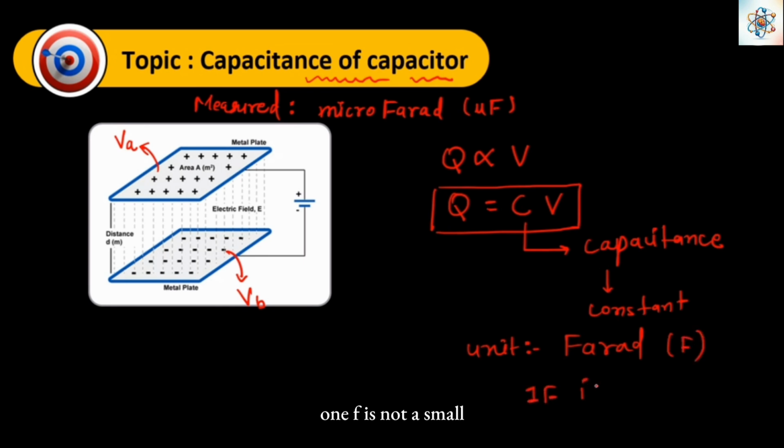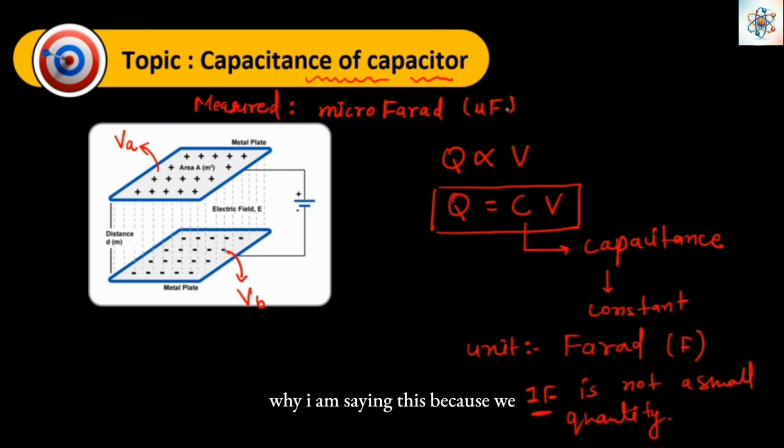like one F is not a small quantity. It is a huge quantity. Why am I saying this? Because we use microfarad in the circuits.